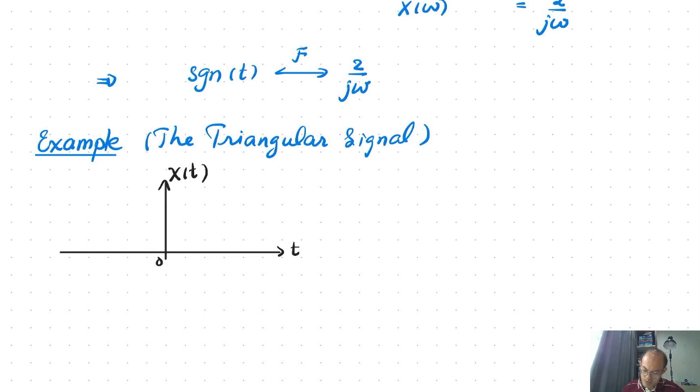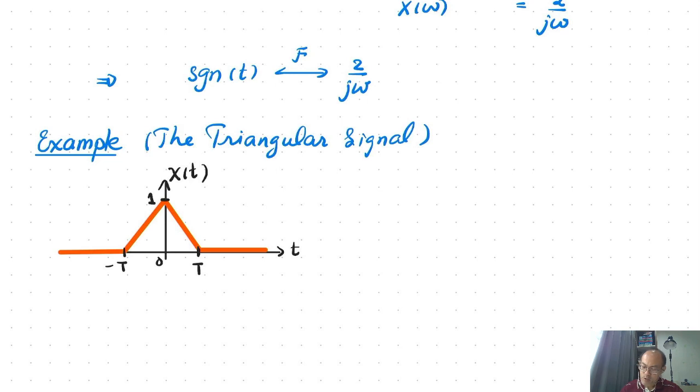Now the shape of the triangular signal is, of course, a triangle. It looks like this. Actually, it is an isosceles triangle, and it goes to the right by T, and it goes to the left by T as well, and the height is 1 here. This is what we call a triangular signal.